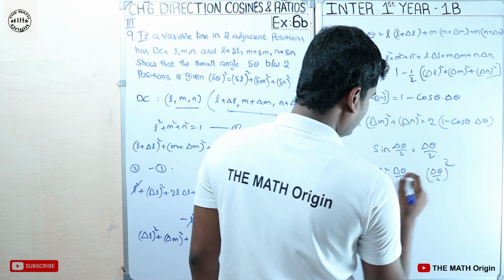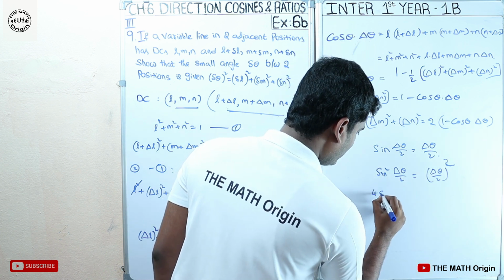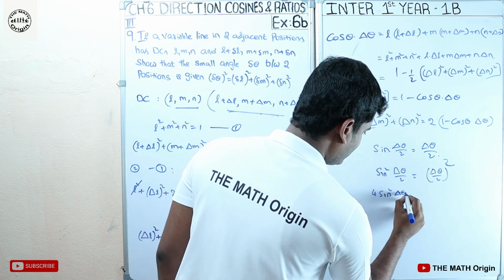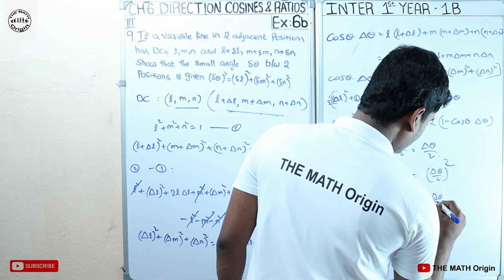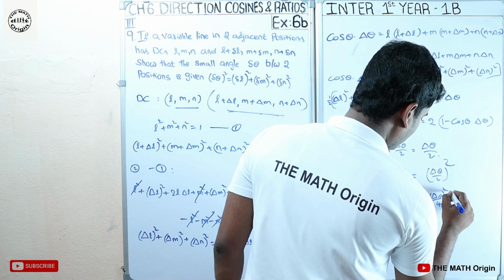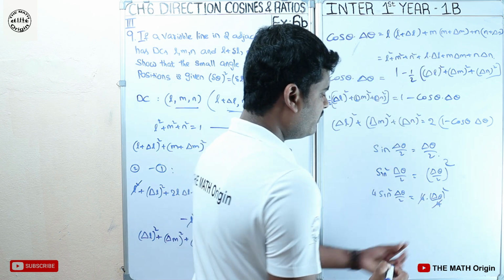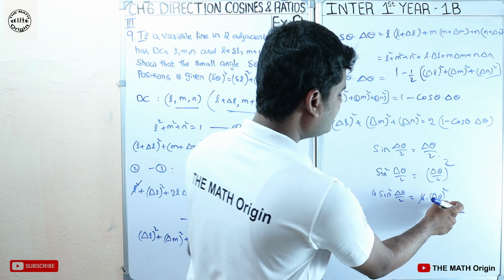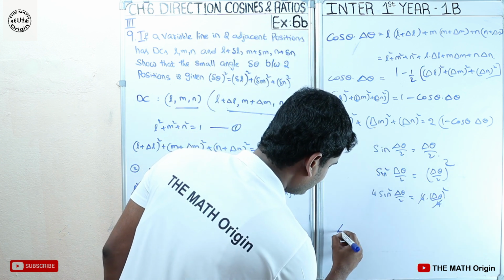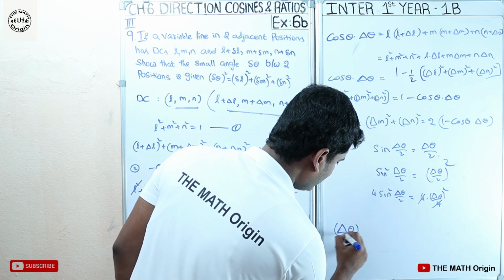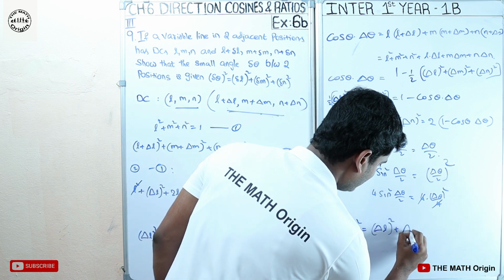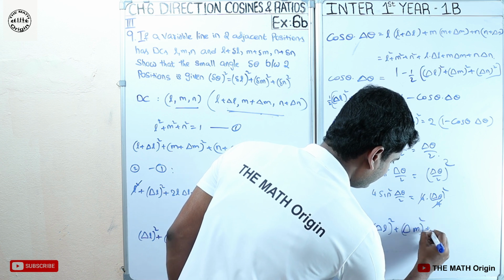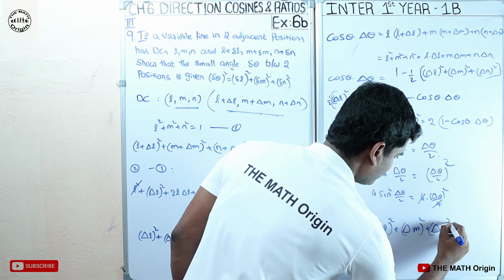Next multiply with 4: 4 sine square delta theta by 2 is equal to 4 into delta theta square by 4, and the 4 is cancelled. Now we got delta theta square equal to delta L square plus delta M square plus delta N square.